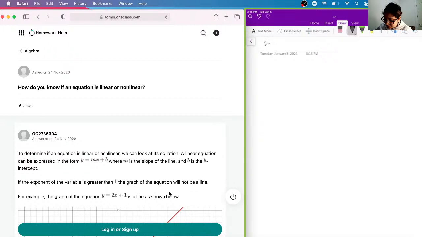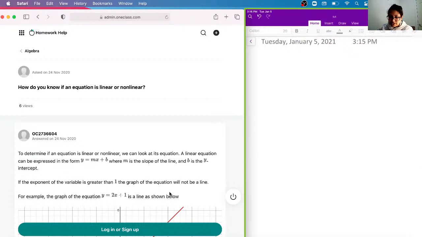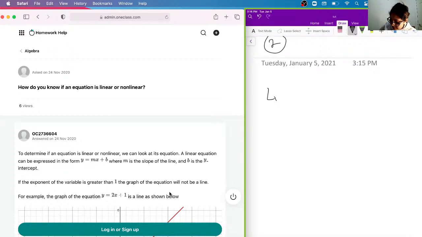Okay, so next question here says, how do you know if an equation is linear or nonlinear? Okay, so to determine if an equation is linear or nonlinear, we first have to look at the equation, and a linear equation would be expressed as y is equal to mx plus b, right?